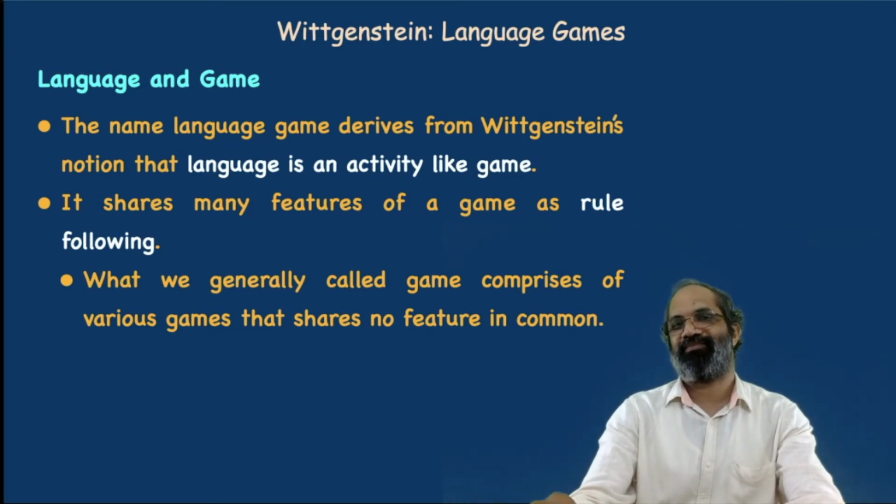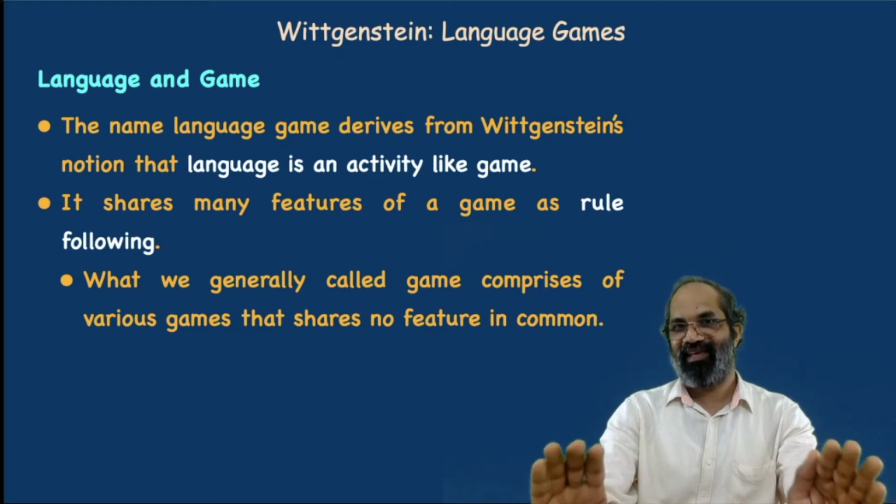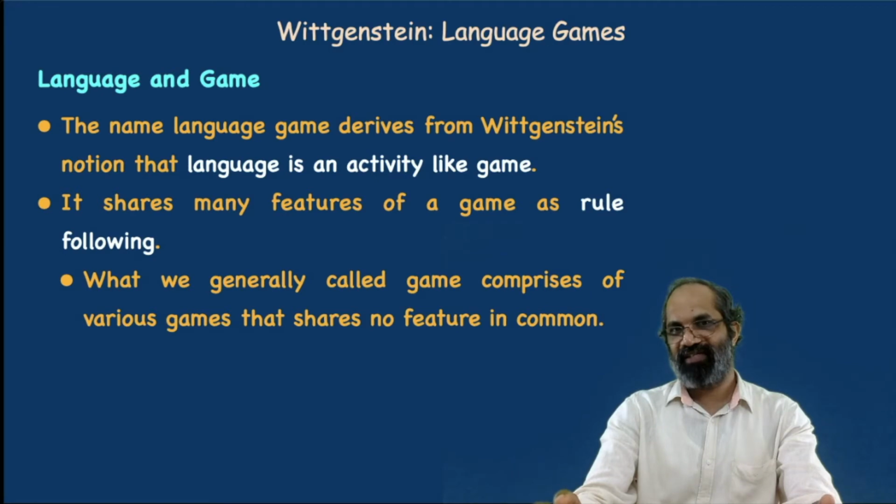It's a round shape. But no such similar feature is shared among the games that we know. So what we generally name a game, they are activities, even though they are rule governed, there is no specific rule or specific feature that is common for all games.